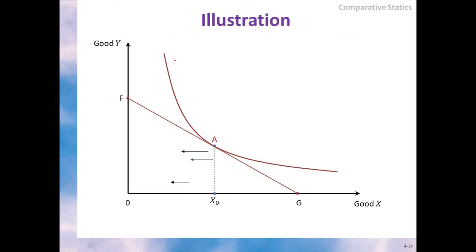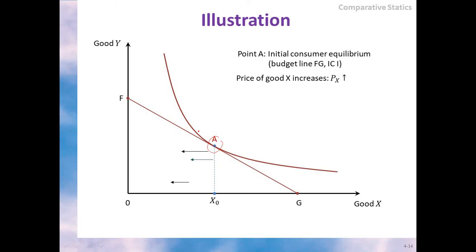Initially, this consumer is at point A. This is the initial point where the budget line is FG. This is our indifference curve, and this is the initial equilibrium. Let's say the price of good X increases, PX increases. Remember what happened?